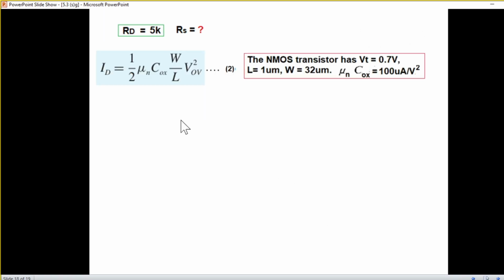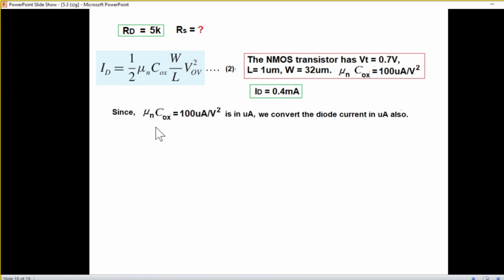So we'll use the formula for the current from the saturation region table. And these are the values given. The only thing we have to keep in mind is that this one, mu n COX, has 1000 microampere. Now our current is in milliampere. So we have to convert this into microampere first of all.